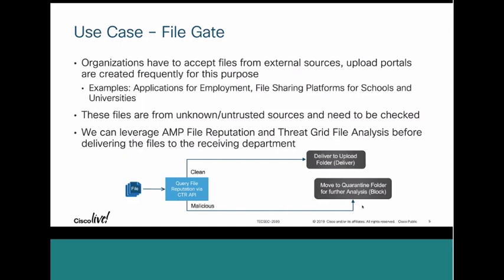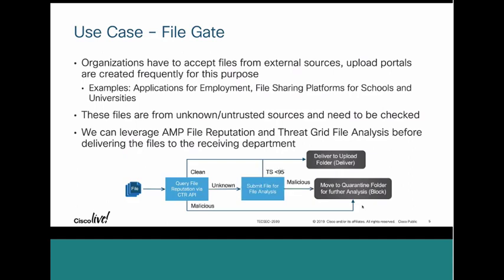We use the CTR API to query the file reputation of the file. If the file is marked clean in AMP, then we deliver it to the final destination folder. If the file is marked malicious, then of course we quarantine the file, which means we block the access for internal users so that they do not get infected.